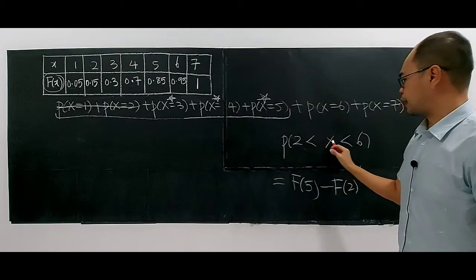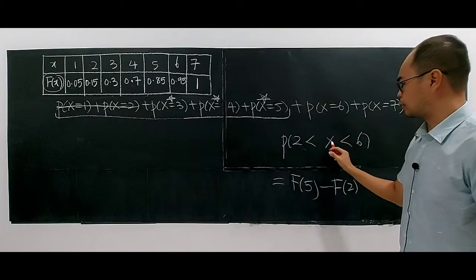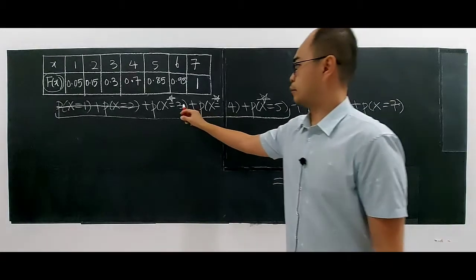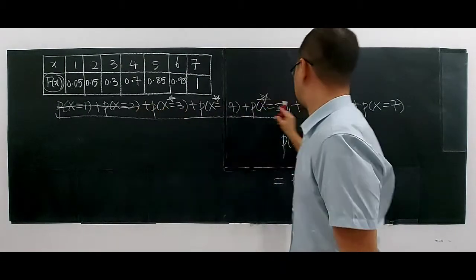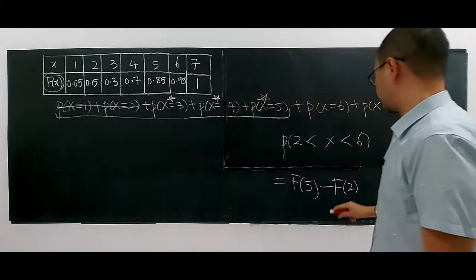This is actually the probability of the discrete random variable between 2 and 6, which will be 3, 4, and 5. That's the meaning.